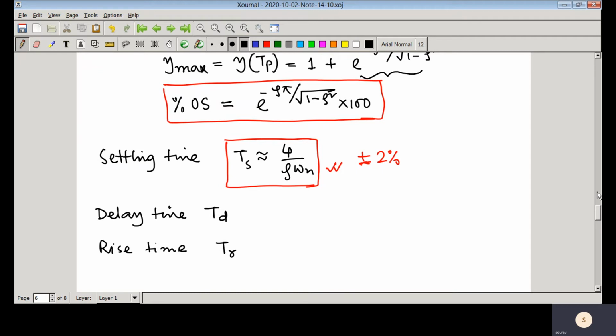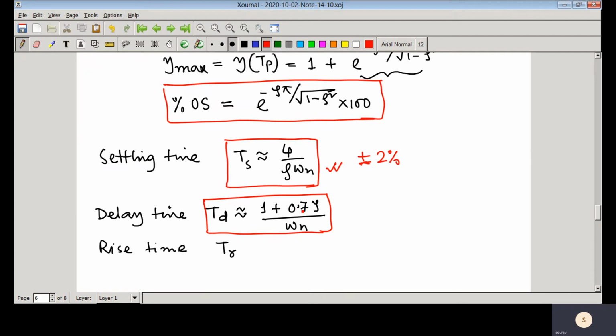One relationship is as follows: the delay time is nearly equal to (1 plus 0.7 zeta) divided by omega n. Of course, this relationship holds only when zeta is varied in some particular range.